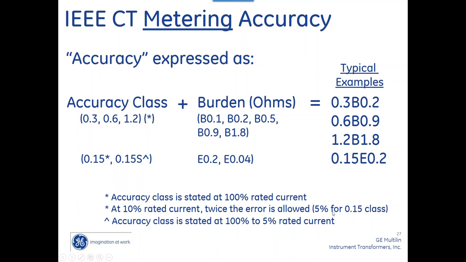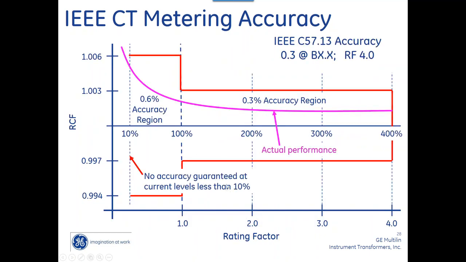At 10% rated current, we get twice the error, which I'll show you right now. One thing that's interesting is you have a CT that's 0.3. Well, if I've got a meter application and I size it to 100%, what happens if I'm less than 100%? By the IEEE C57.13 standard, I'm allowed to have that accuracy at 0.6. So we sit there on metering applications.